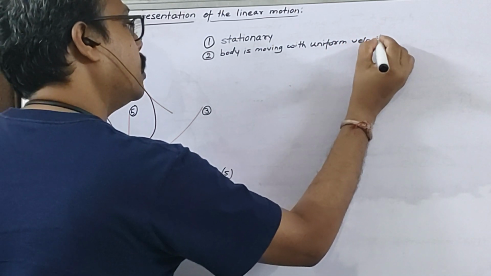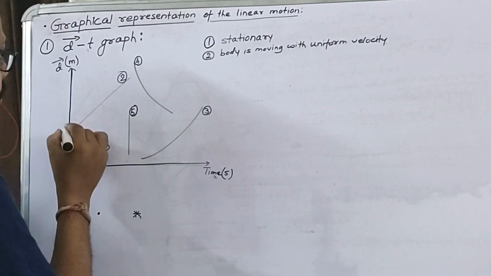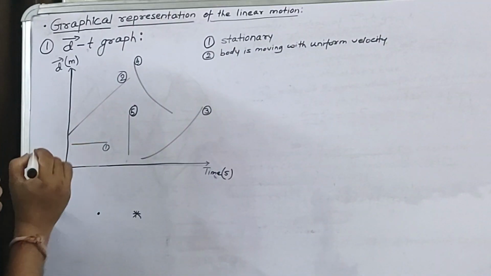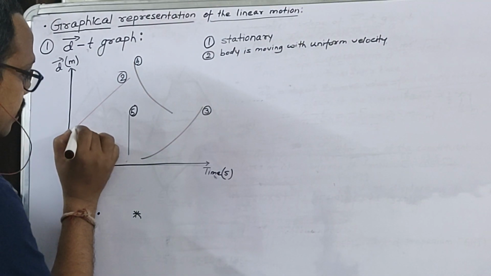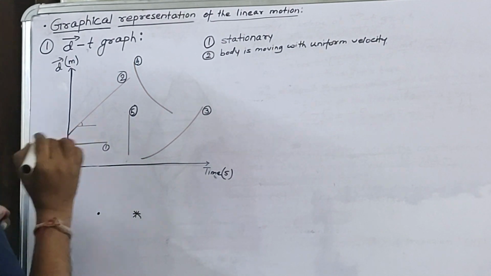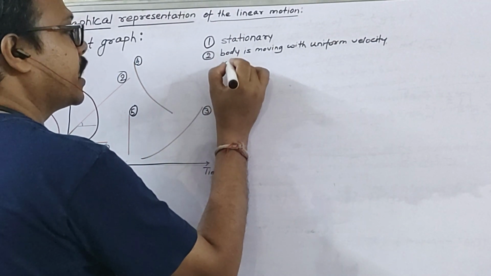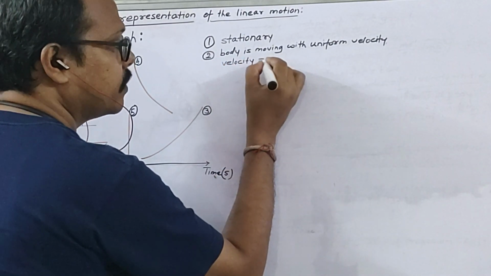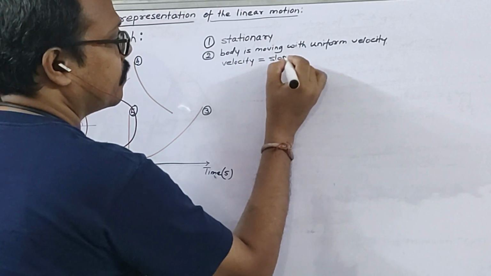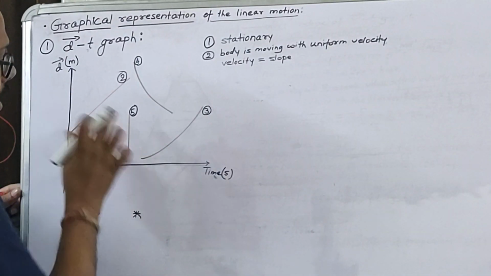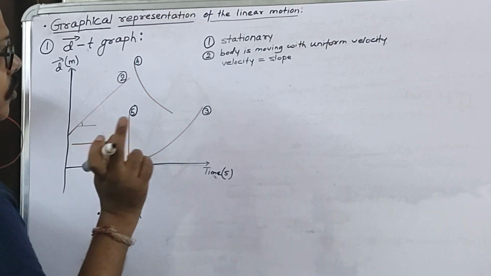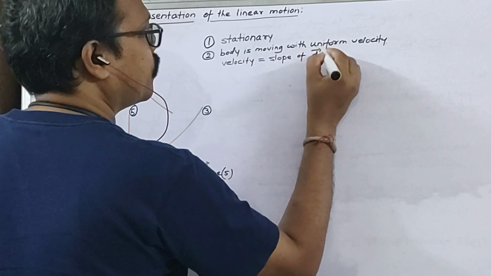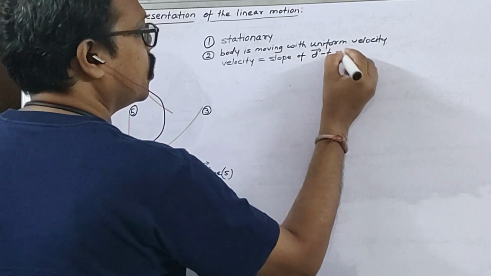How? The body is moving because the displacement is changing with the passage of time. But how uniform velocity? Uniform velocity because the slope is constant. At any point, you go and find the slope, so you can derive the velocity. You can get the velocity from the displacement time graph. It's the slope of the displacement time graph. So the slope of the displacement time graph will give you velocity. What is the slope?